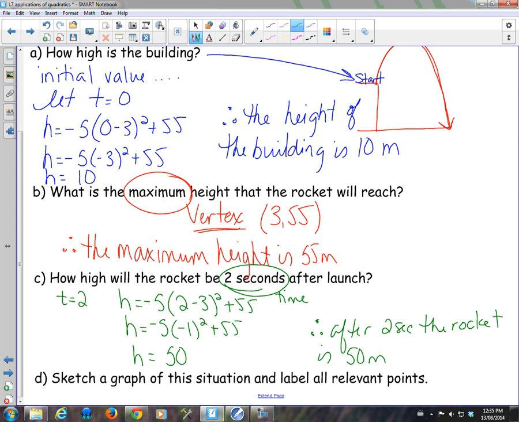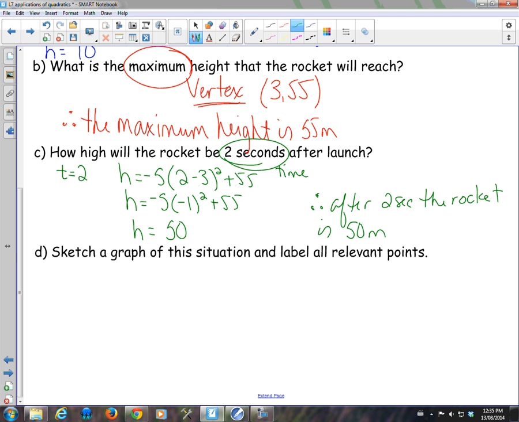And last but not least, sketch a graph of the situation and label all relevant points. All right, so we've got our axes. We know that the rocket started at 10 meters high, which is the y-intercept, 10. We know that after 3 seconds, because of the vertex, so over 3 and up 55, (3, 55) is our vertex.